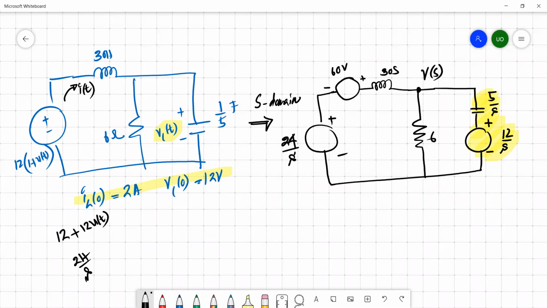What we can do is just apply Kirchhoff's current law for this particular node A. So the voltage at this point is actually 24 over S plus 60 is the total voltage.